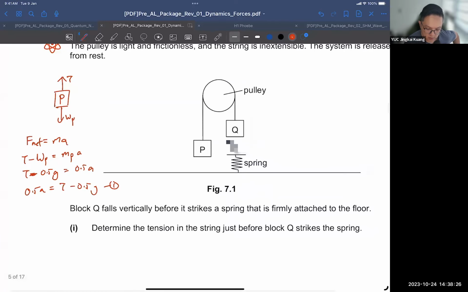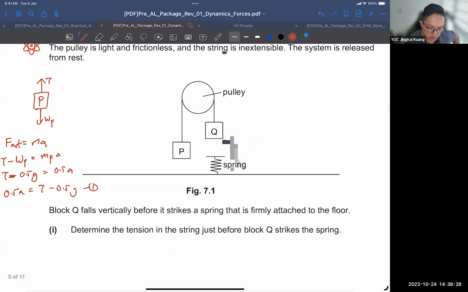Next one, you have Q. For Q, you have the weight of Q, and then you have the same tension. I'm going to use another color. Same thing, F net equals MA.